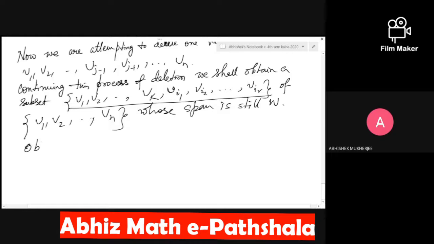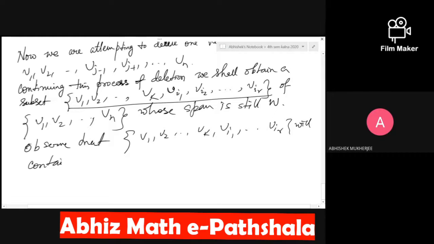So observe that this set V1, ..., Vk, Vi1 to Vir contains no vector which is a linear combination of its preceding ones.